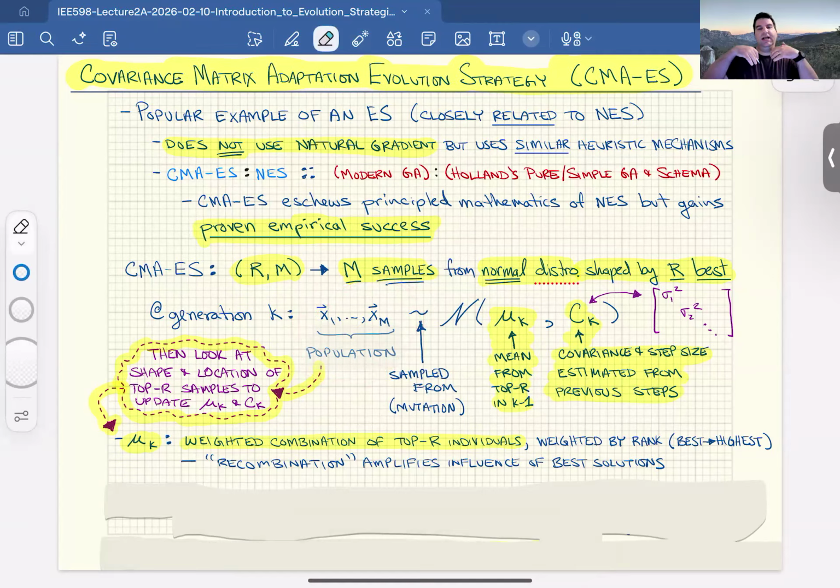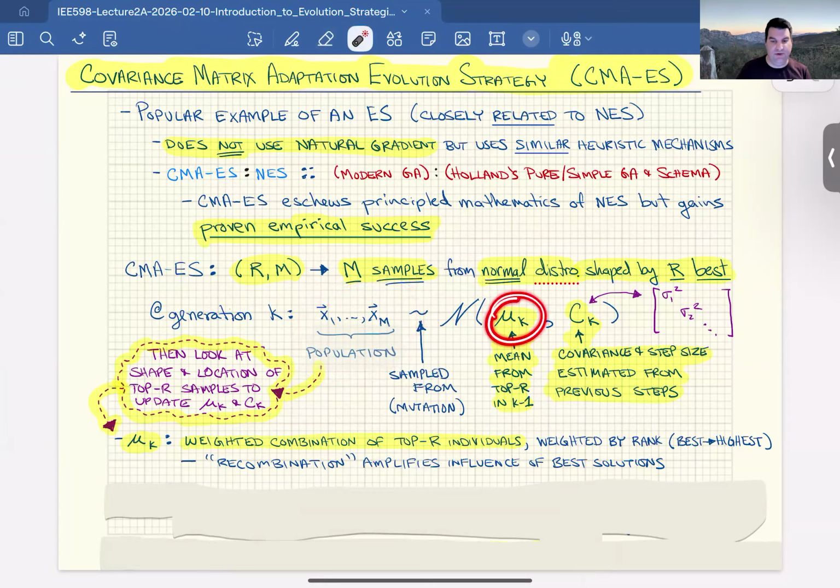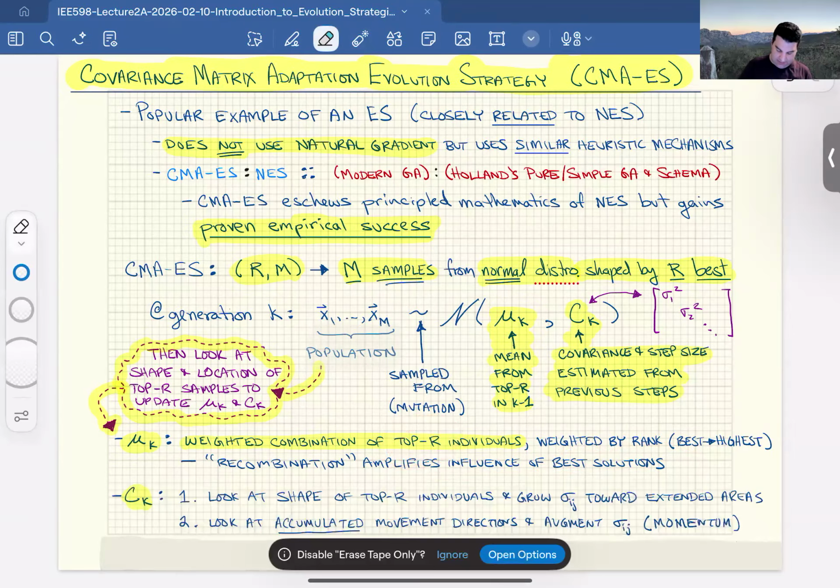So if you are the highest ranking individual, the new mean of the new normal will be more like you than the others. So it's a weighted additive combination of those top R individuals, like a weighted recombination. It's going to amplify the influence of the best solution in those top R samples.